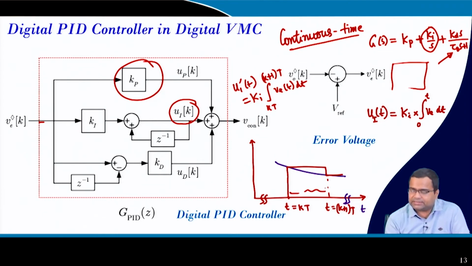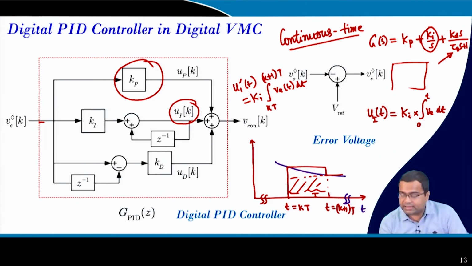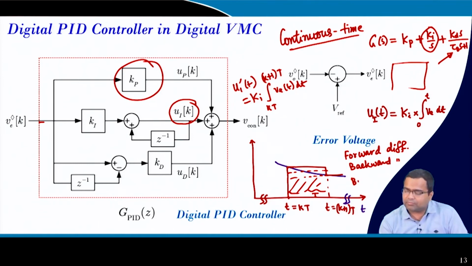Since this period is T, this area under the curve can be computed in different ways. If you take this one, this will be the area. If you take this one, this will be the area. Or you can take their average, where this will be the area. This leads to the forward difference formula, the backward difference formula, and another called bilinear transformation or Tustin method.